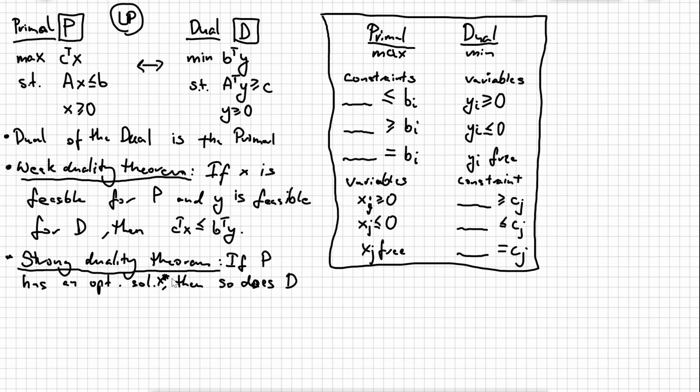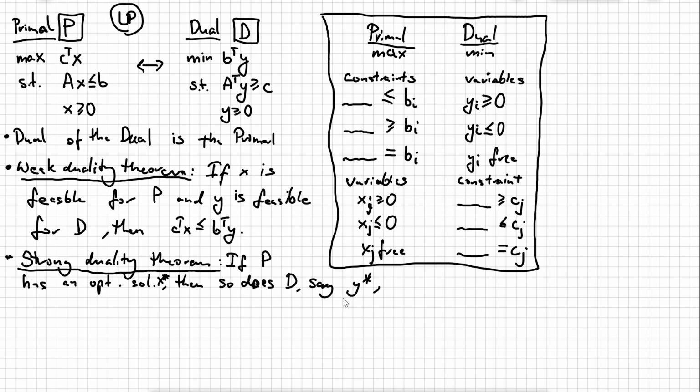Let's call this x star, and let's write, say, y star. So if the primal has some solution x star and the dual has some solution y star, we're saying if the primal has an optimal solution, then so does the dual.